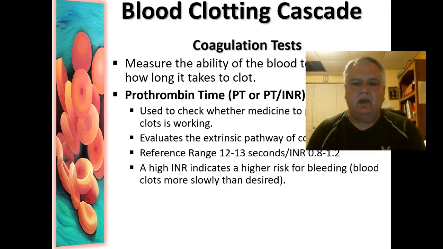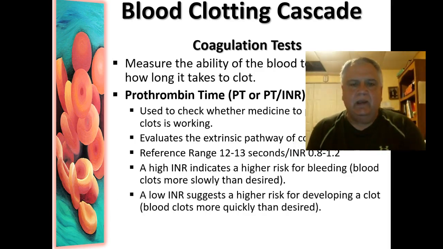But from a standpoint of blood clot formation, if you have a patient who has atrial fibrillation and you're trying to avoid blood clot formation, then having a higher INR is going to be good because that's going to make it less likely that blood clotting will occur.